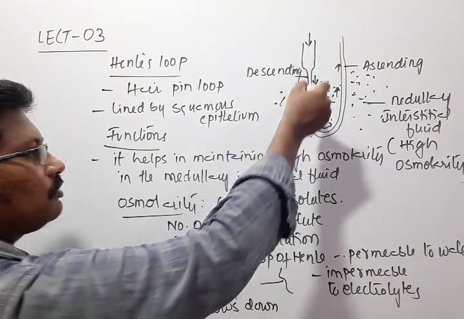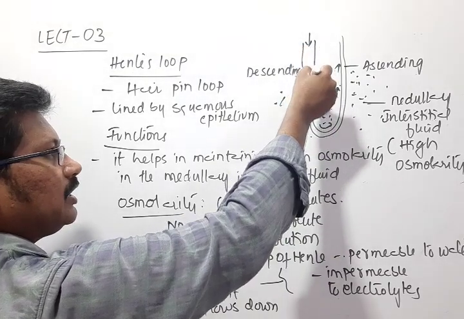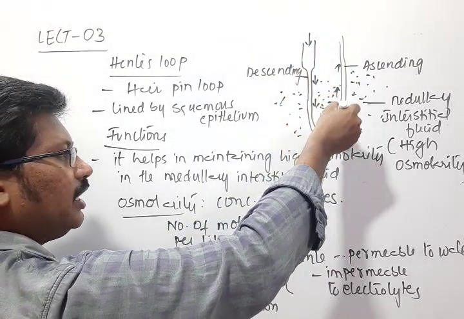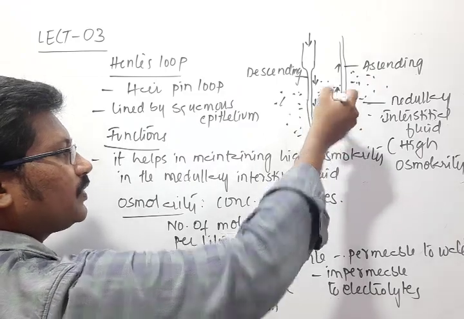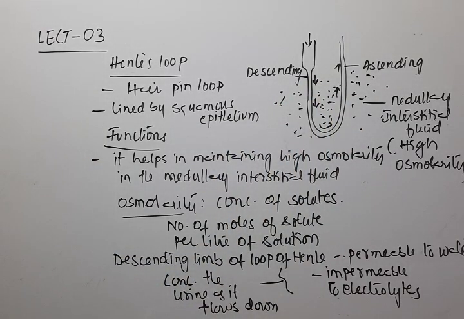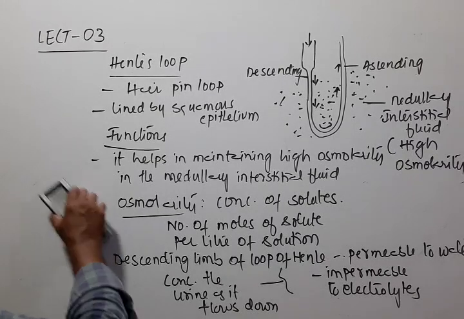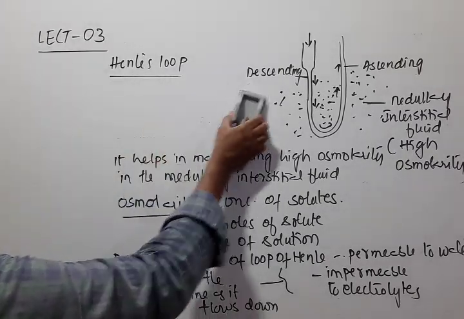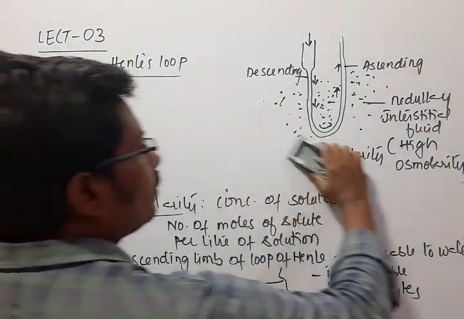So as the urine comes down the loop, the concentration of the urine increases. Then coming to the ascending limb.